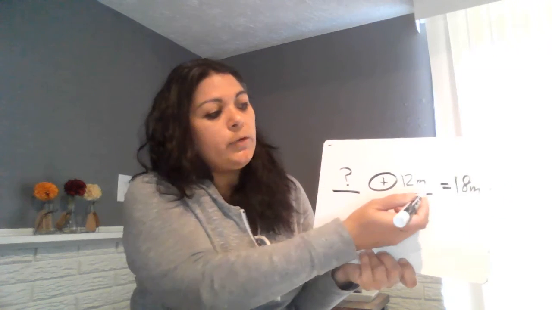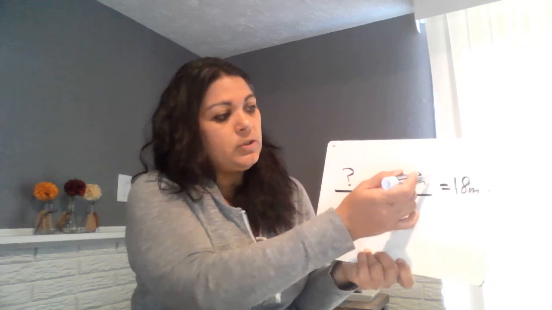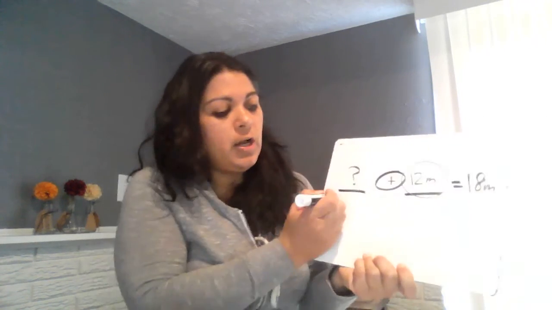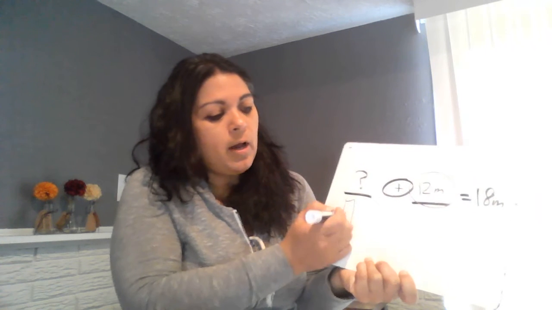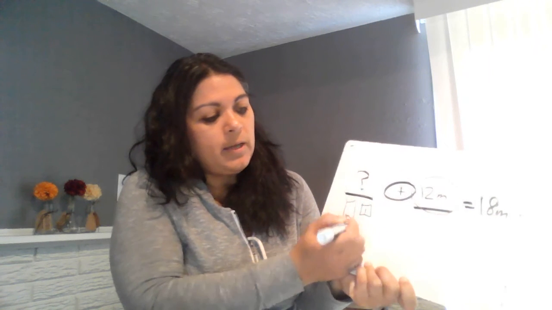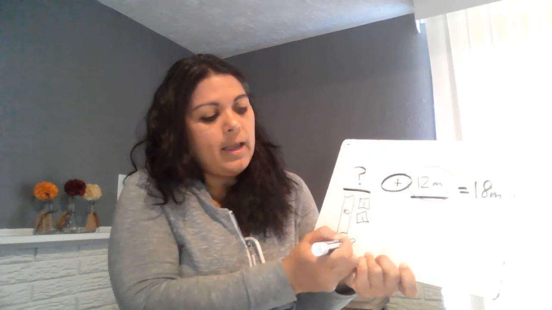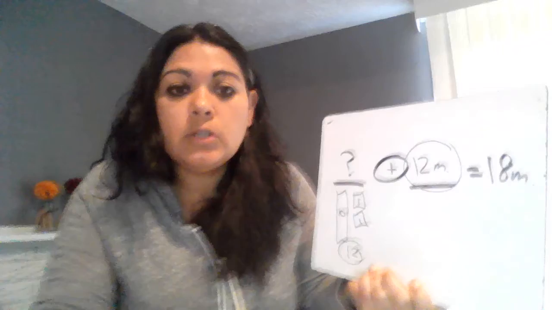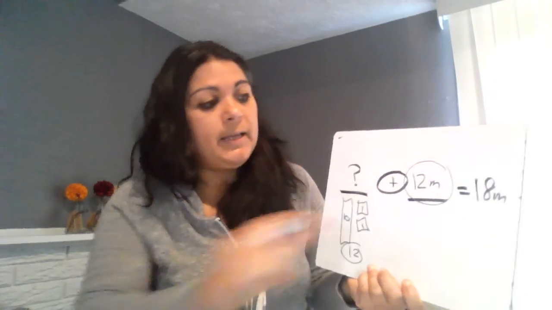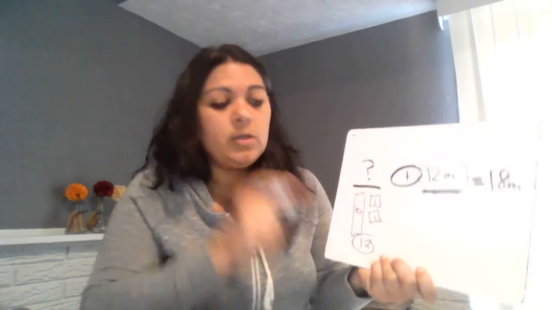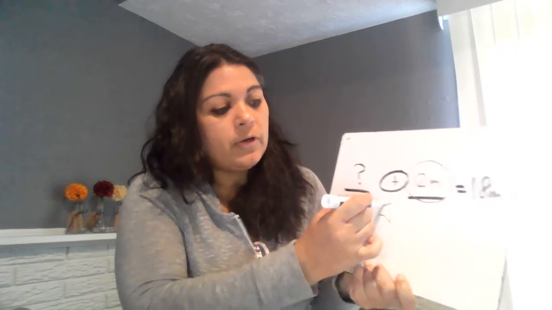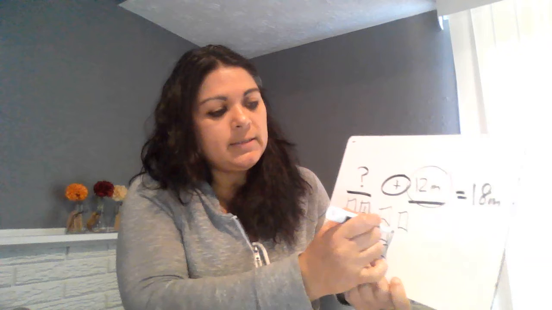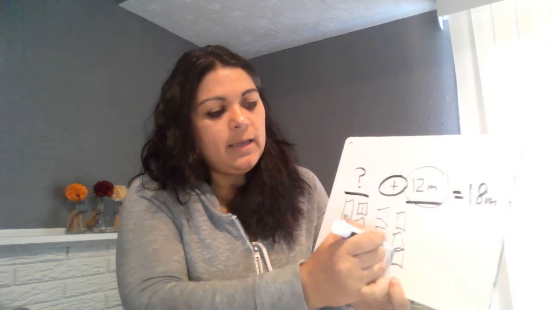So we know one group is 12. And I'm going to circle that because that is the group that I'm going to show. So I'm going to use my rod and my units. So I know I have 12 right here. Now I want to know how many more do I have to add to get to 18. So count with me. 12, 13, 14, 15, 16, 17, 18.